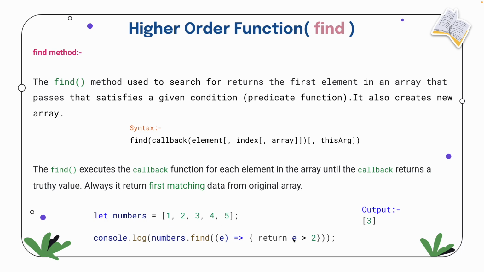First, 1 is greater than 2? No, it's false. Again, 2 is greater than 2? False. Again, 3 is greater than 2? Yes, it's true. So once the condition is satisfied, that element is returned. That we can see in find.